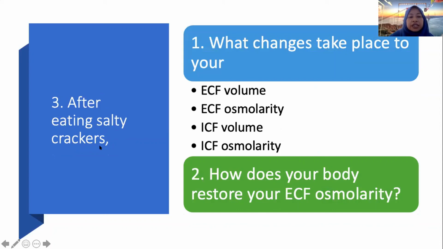Okay. After eating salty crackers, this one is a bit tricky. When you eat salty crackers, if you don't drink water, then nothing changes. It doesn't change your ECF volume, right? Yes. But it will increase the ECF osmolarity, right?